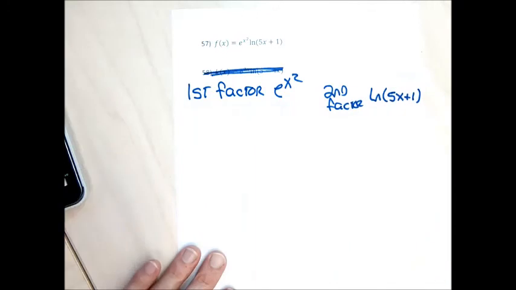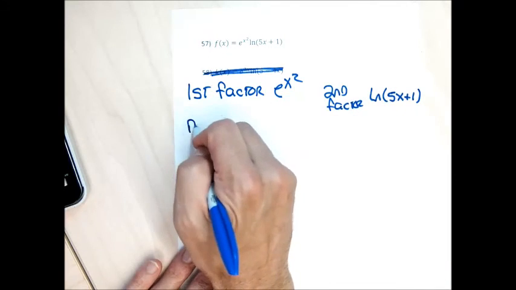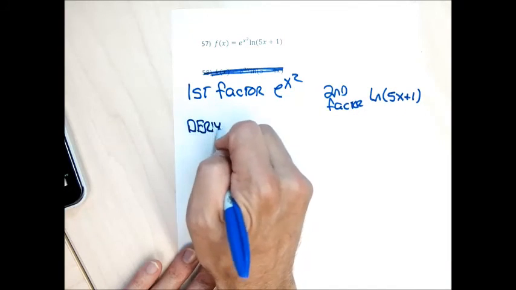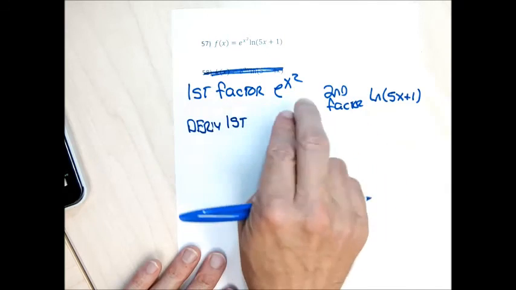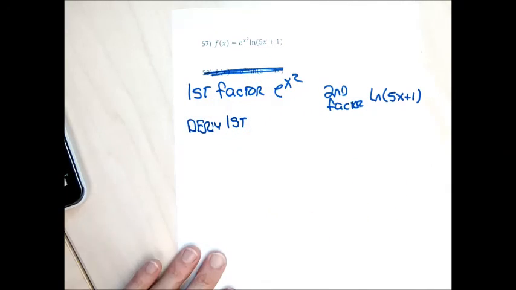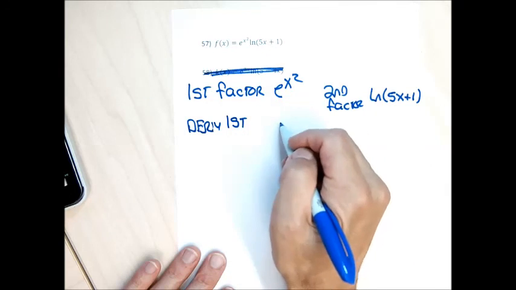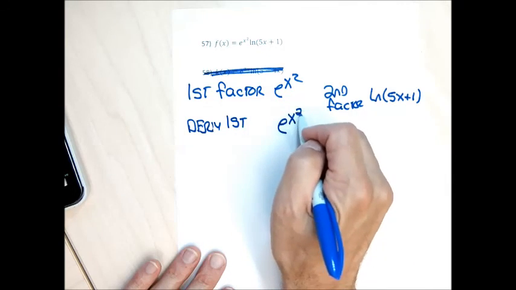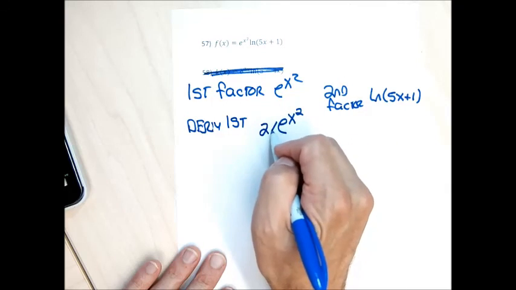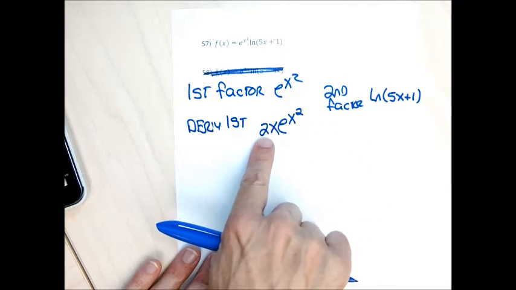I'm going to double shortcut my derivatives. The derivative of the first factor, it's an e function without a coefficient. The shortcut for finding the derivative of an e function without the coefficient is just to write the e function down, and to the left of it, write the derivative of the exponent. The derivative of the exponent is 2x.